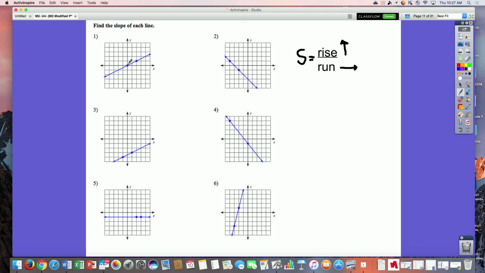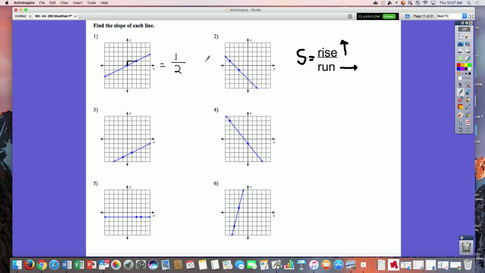So I'm going to start here. I'm going to go up, and I'm going to go over. See how I connected the 2 dots with the right triangle? And then it's just a fraction. The slope is, well, I go up 1, rise up, and I go over 2. The slope of this line is 1/2, or 1 to 2.